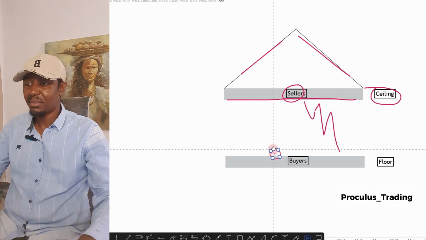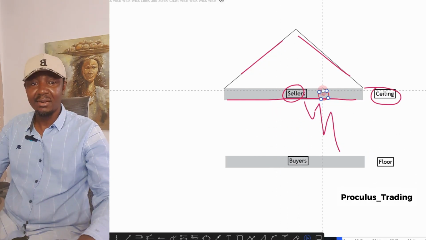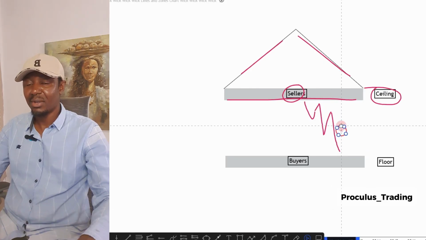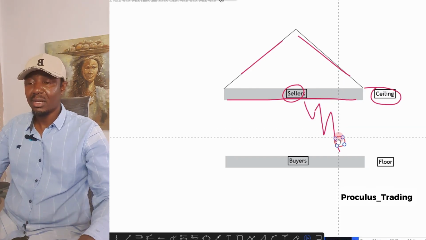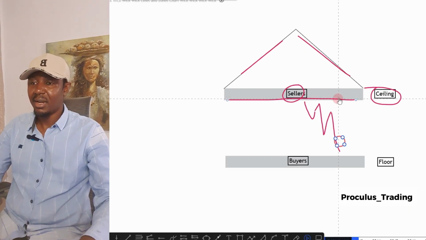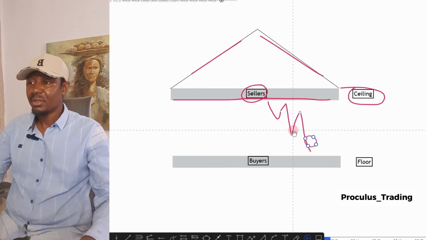From buyers, the ball keeps going up, down, up, up, and when it gets to the ceiling right here, the ball hits the ceiling, a resistance, an obstacle, and then pushes to the downside or anywhere price may intend to go in the coming days after price bounces off this ceiling right here. So there you have it.